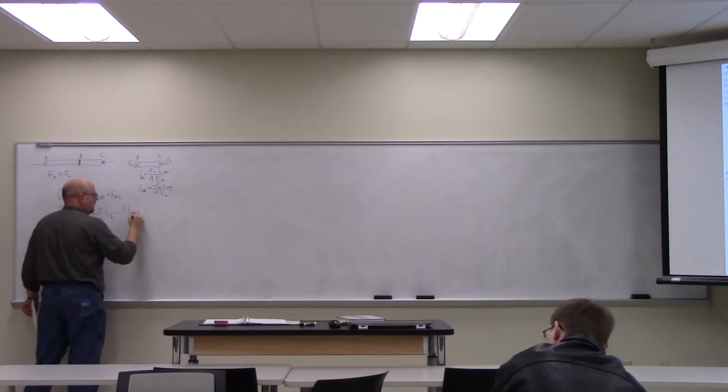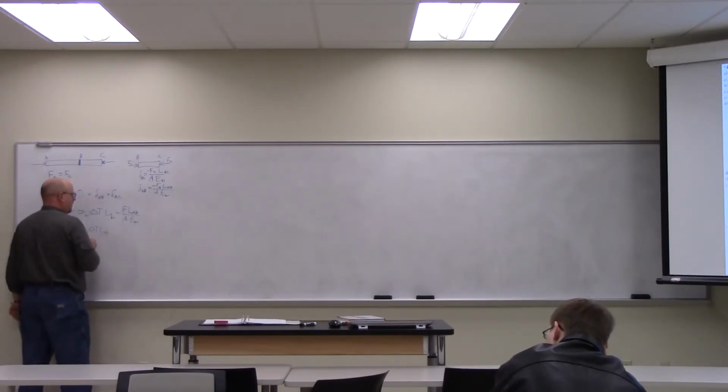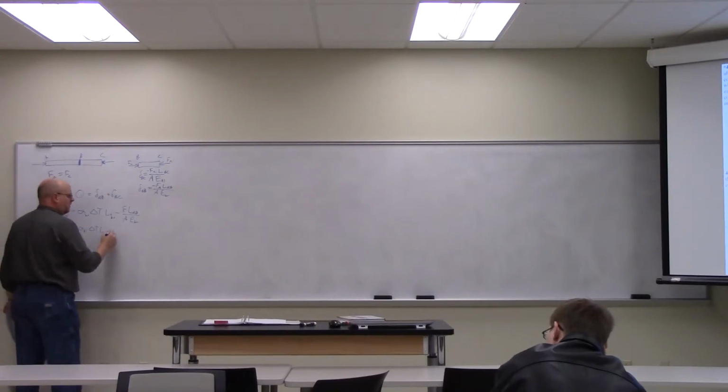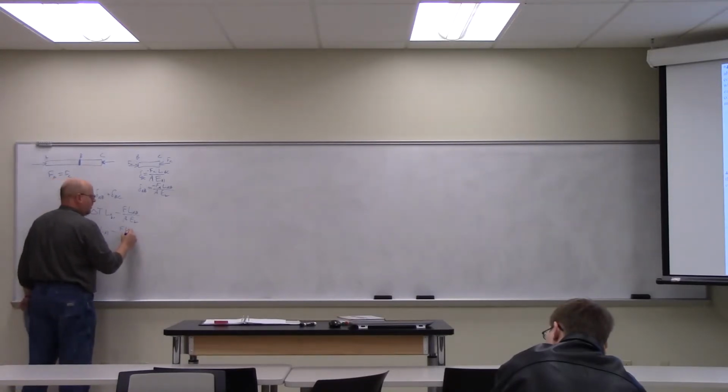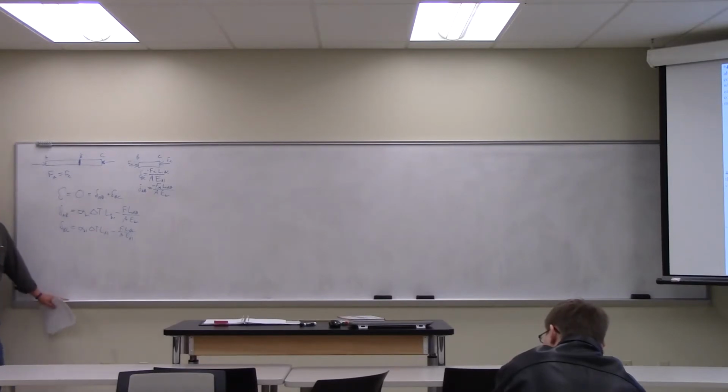F L_AB over A E brass. And the BC is going to be this minus F L_BC over A E of aluminum. We good now?